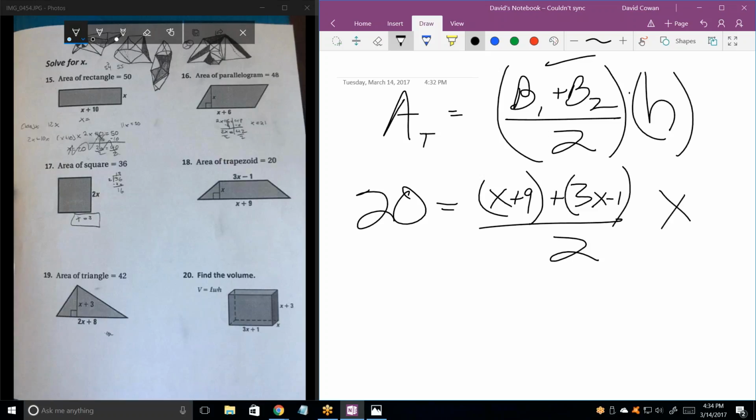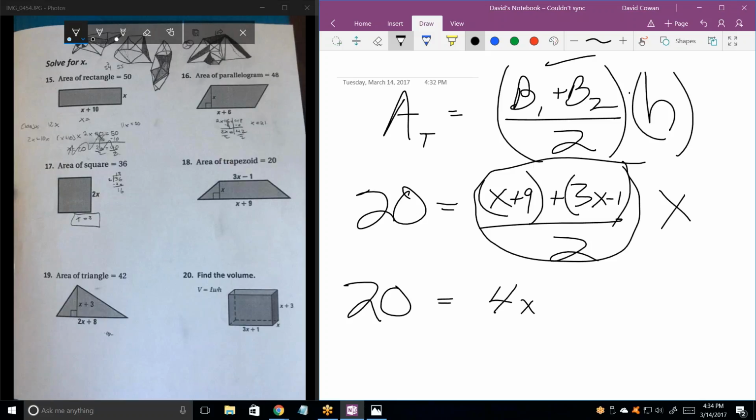x. Okay, simplify that. Simplify the numerator. In other words, remove the parentheses and combine terms. Right here, so that would be, let's see, 4x plus 8 divided by 2. Good. Times x. And then all of that times x.